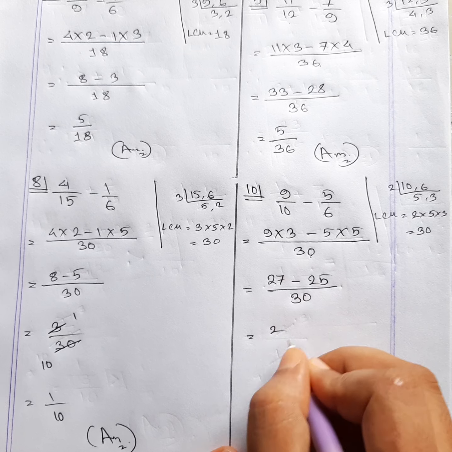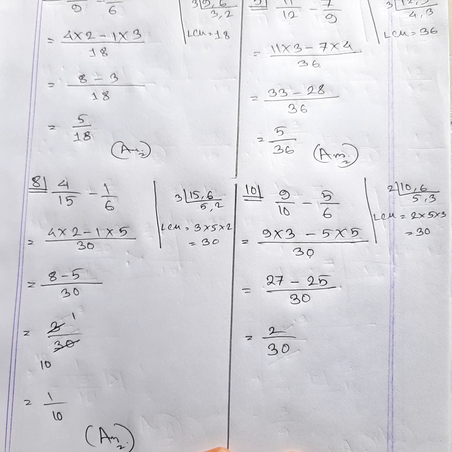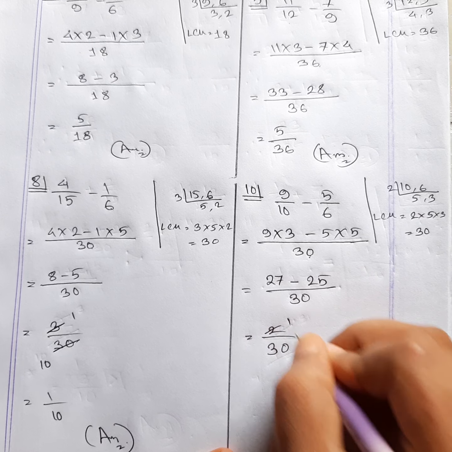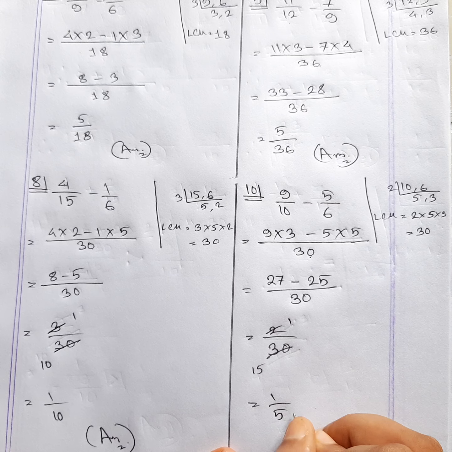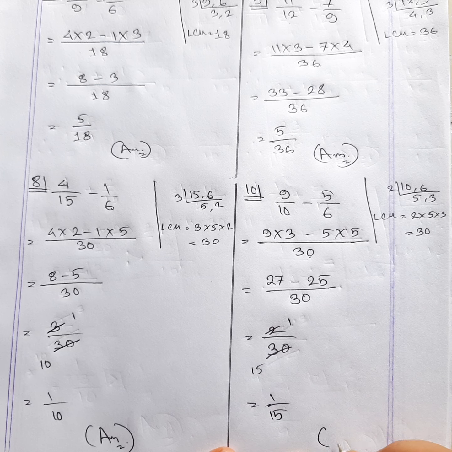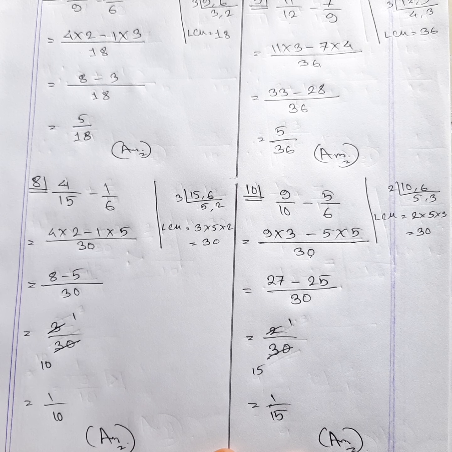Wow, this one is only 2. Now 2 can be divided and 30 can be divided. So 2 ones are 2 and 2 15s are 30. 1 by 15. This is your answer. Alhamdulillah, we have completed 1, 2, 3.